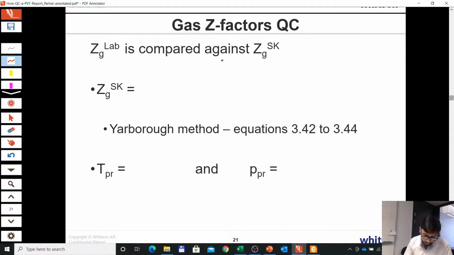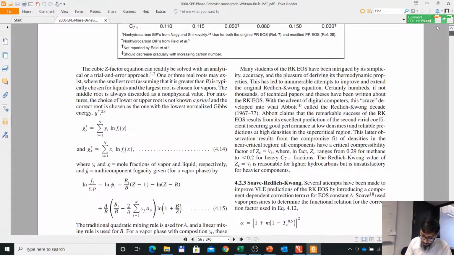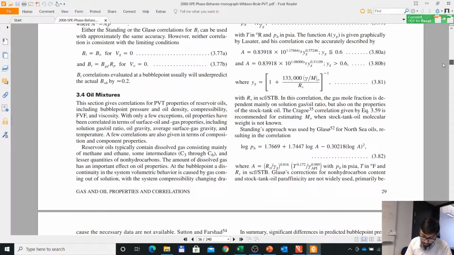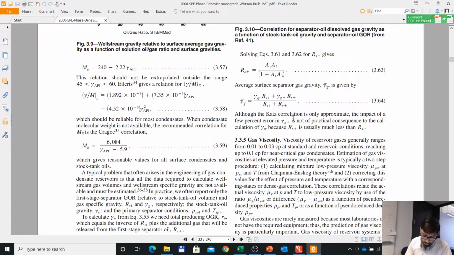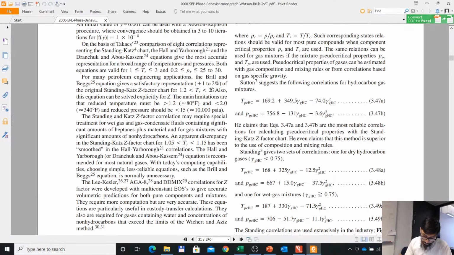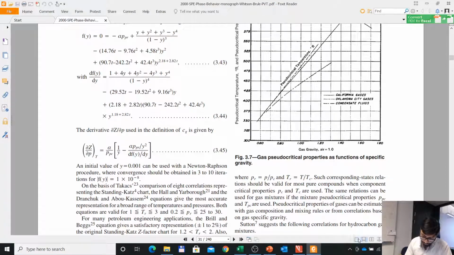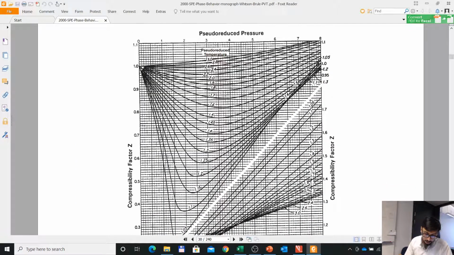And if you look at the Standing-Katz Z factor chart, maybe I can just show it to you in the monograph. It should be in chapter 3.